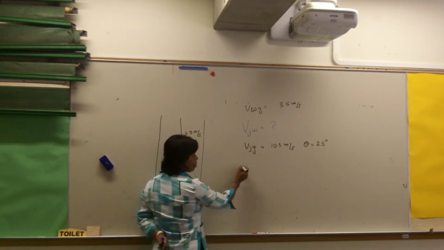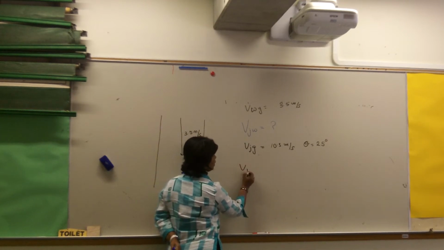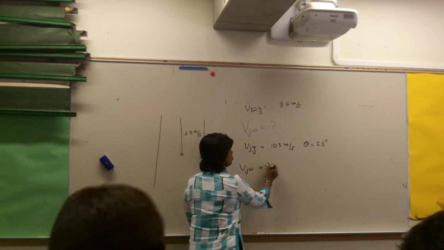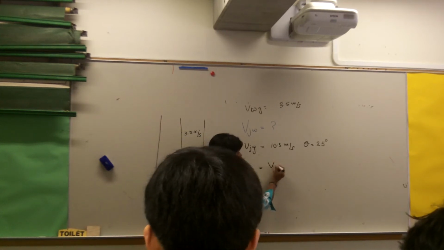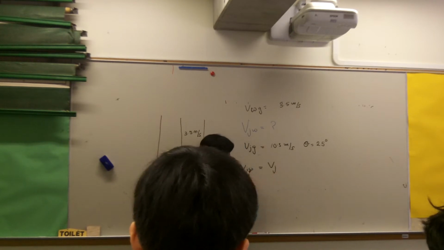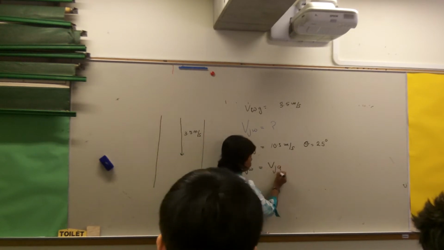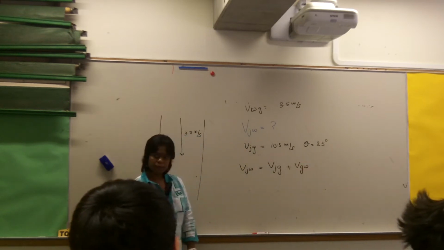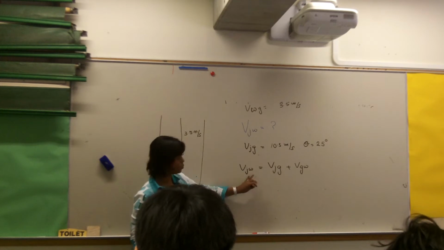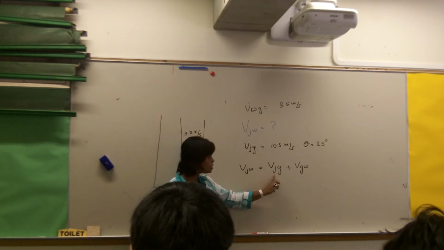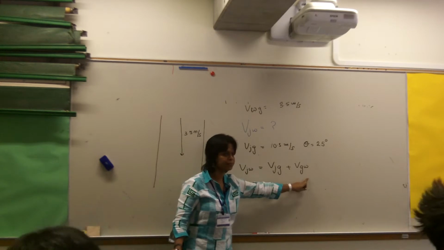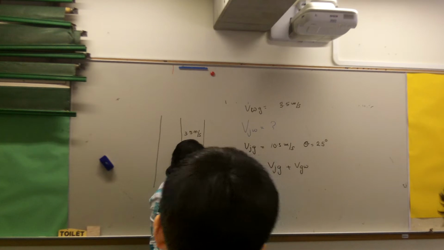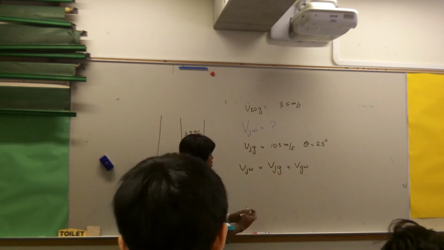So we can write, as I explained to you, VJW is equal to VJG plus VGW, ground plus ground to water. If you want to find this, we say VJW is JG plus GW. Is that clear? Because we are calculating this. We know this, the direction.